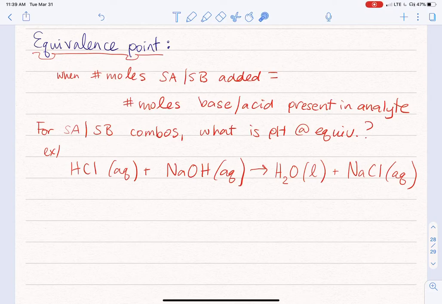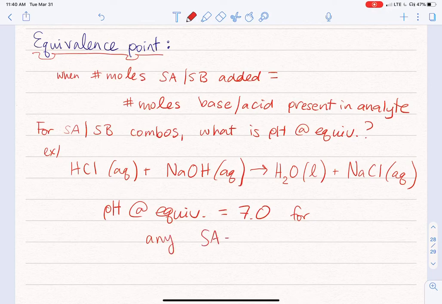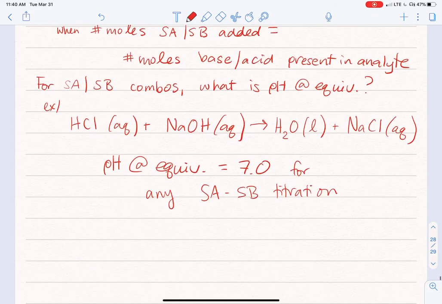So what is the pH at equivalence? Well, since these don't have acid-base properties, and this is just pure water, the pH at equivalence must be 7, because this is a neutralization reaction. And this is going to be true for any strong acid, strong base titration, because at equivalence you just effectively have pure water.